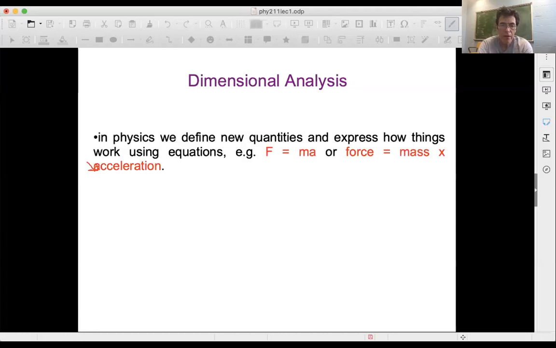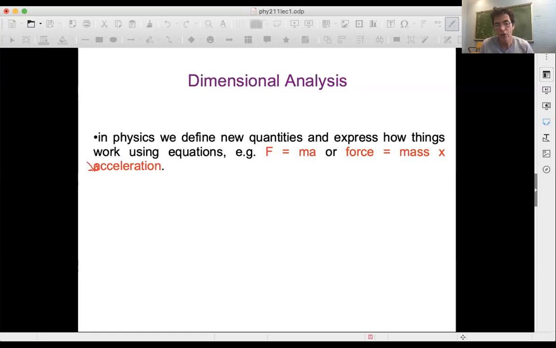So you're probably aware, and probably dreading, that in physics and in science we use mathematical equations. We use them for at least two things. One thing we use mathematical equations for is to define new quantities.